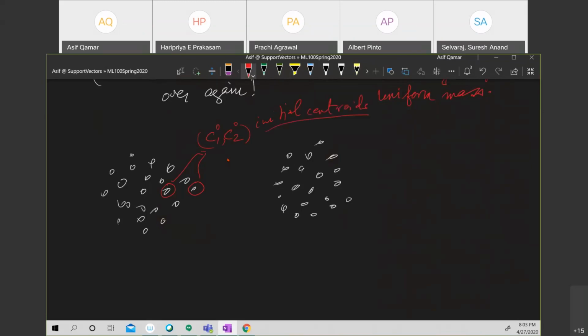And now what you do is you assign to each point the nearest centroid. So you ask yourself, which of these centroids should it belong to? If you look at these points, this point is closer to C1, this is C2.